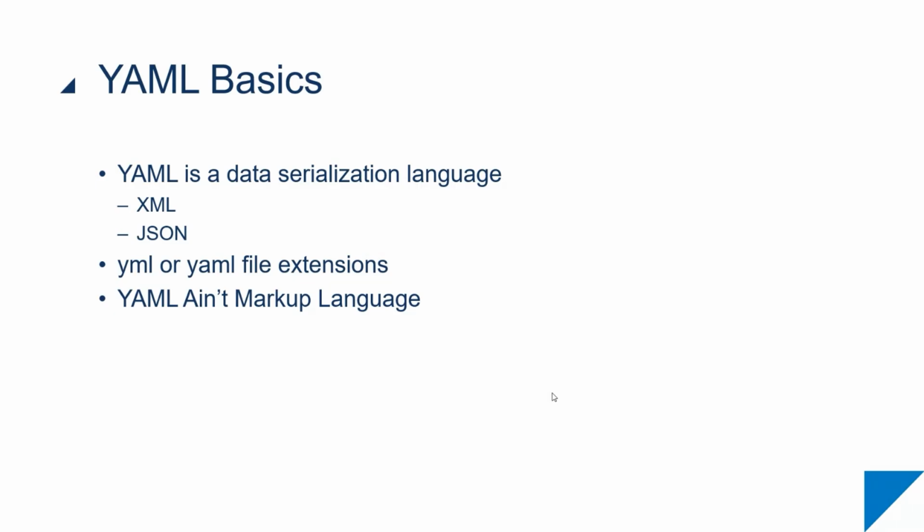So basically what YAML does inside a pipeline is that it's just a data serialization language. Microsoft and GitHub designed an object structure, and with that, you can define the structure in YAML in order to build up your pipeline. You do that with YAML file extensions.